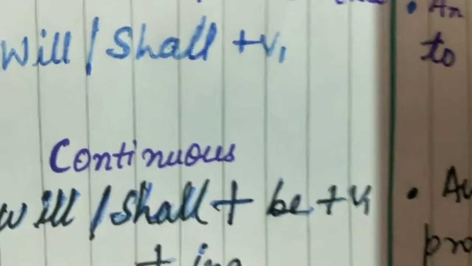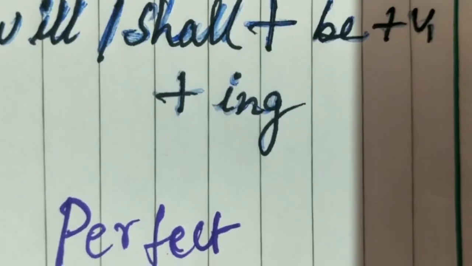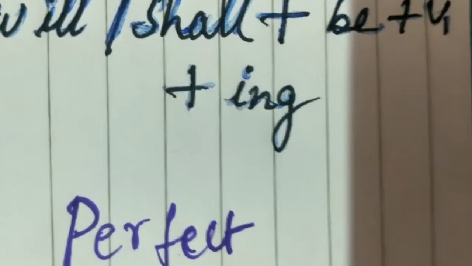Now let's see the use of the future continuous tense. This is used to express a continued or ongoing action in the future, like she will be telling the story to everyone.